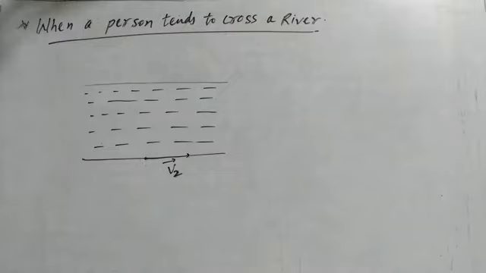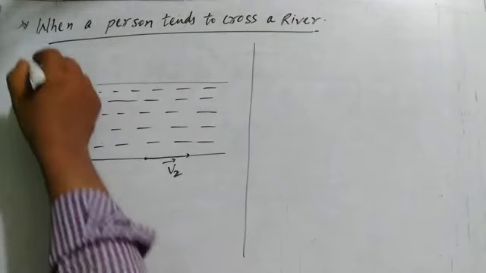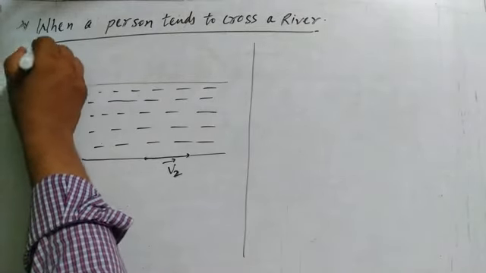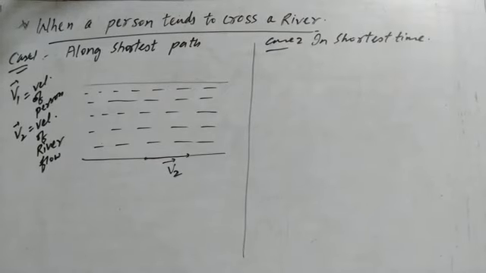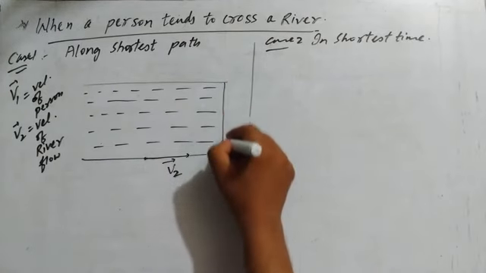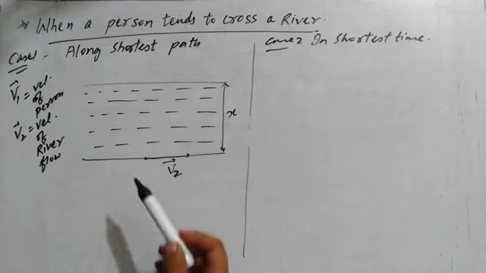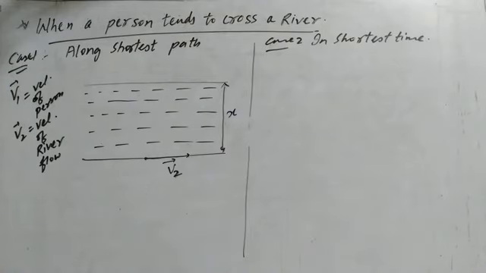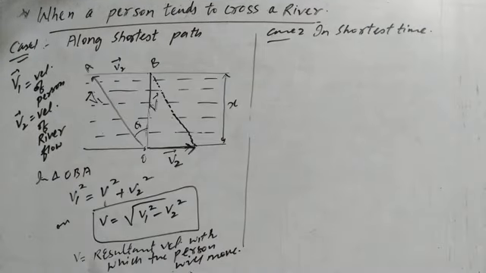Now there are two cases. Number one, the person wants to cross this river of width, say x, along the shortest path. And in the second case, the person wants to cross in the shortest time.